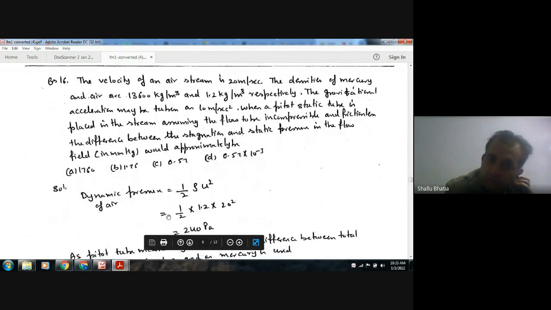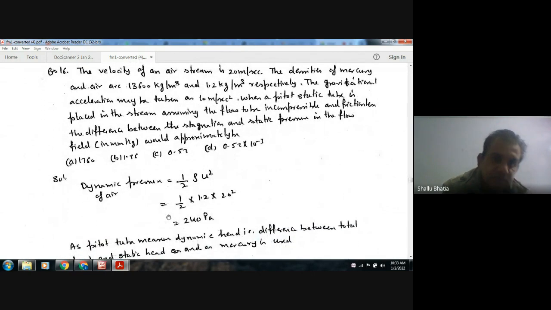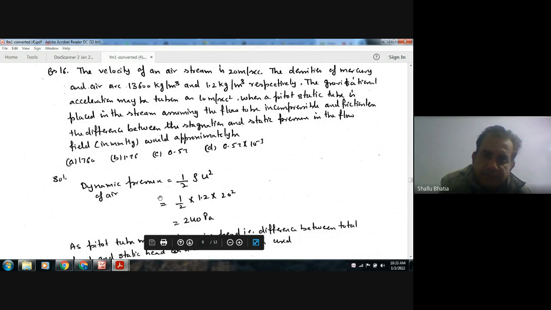Next, this is a question asked many times in previous papers. The velocity of an air stream is 20 meter per second. Density of mercury and air are 13600 kilogram per meter cube and 1.2 kilogram per meter cube, respectively.